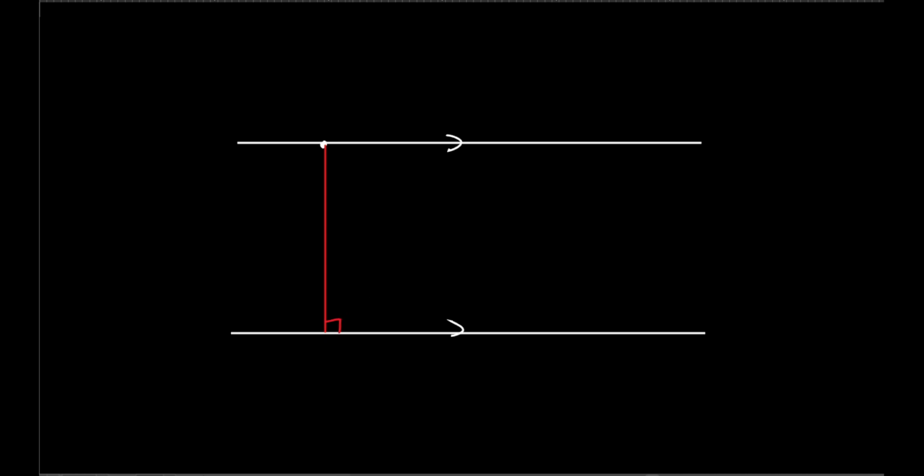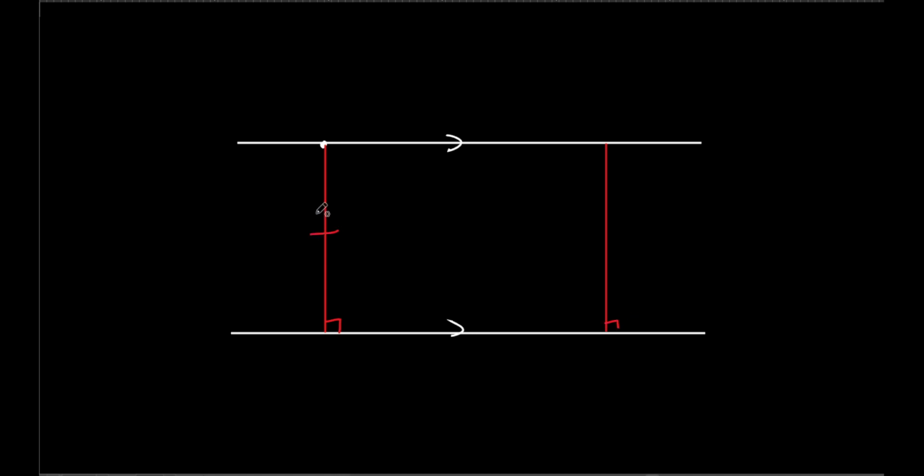So the theorem says this. It says two parallel lines are equidistant everywhere. All right? That's basically what it's saying. So this distance is going to equal this distance. And what has to be true about both distances? They have to be perpendicular.